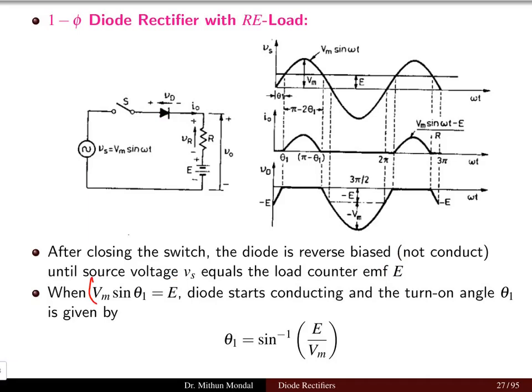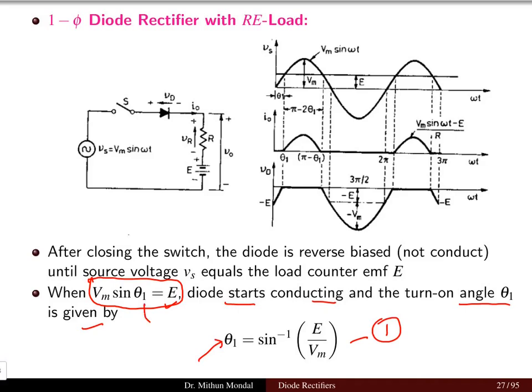So when Vm sin theta 1 is equal to the battery voltage, the diode will start conducting, and the turn on angle theta 1 is given by theta 1 equal to sine inverse of E by Vm.